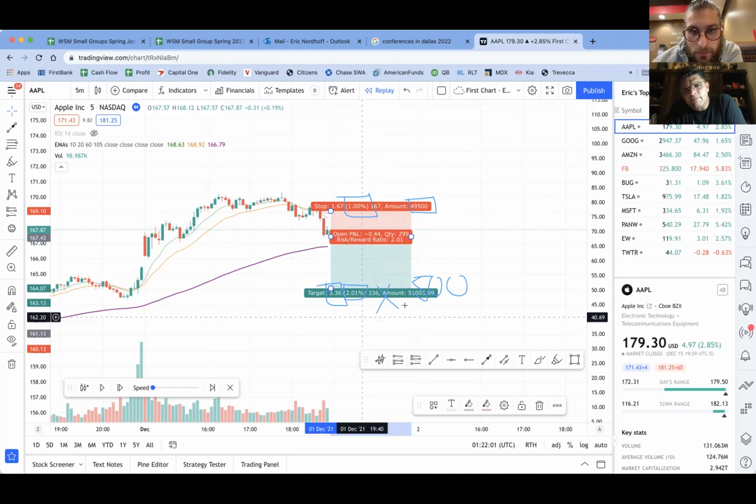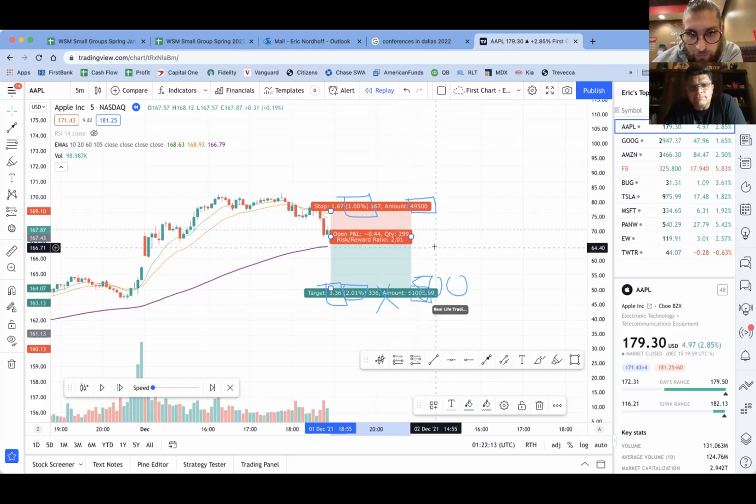If I got out of this trade on a short, I would net 5105 or whatever. Yes, you would make $1,005, which the math does not add up.